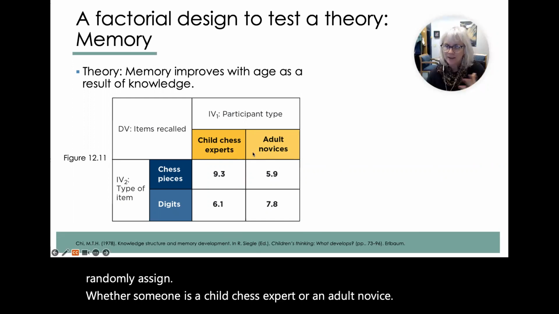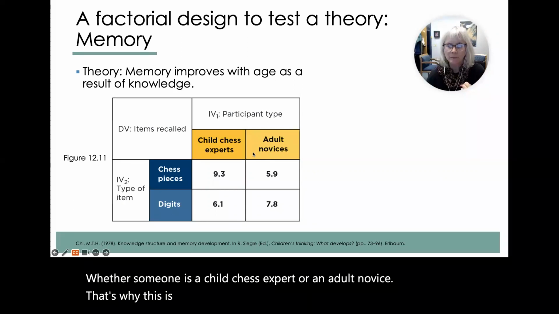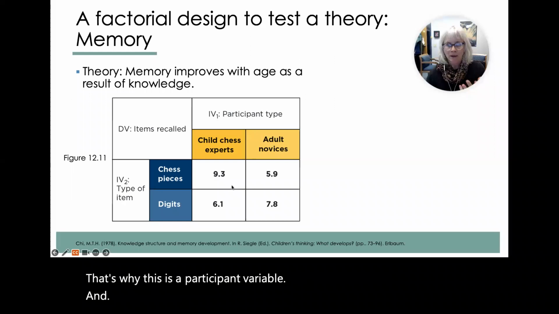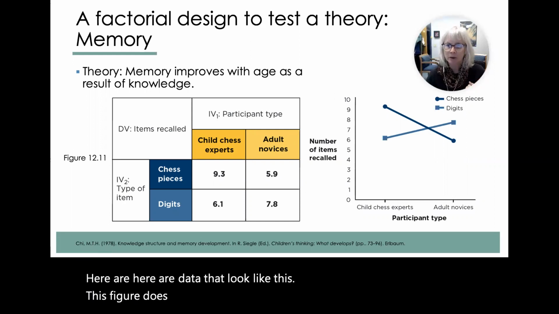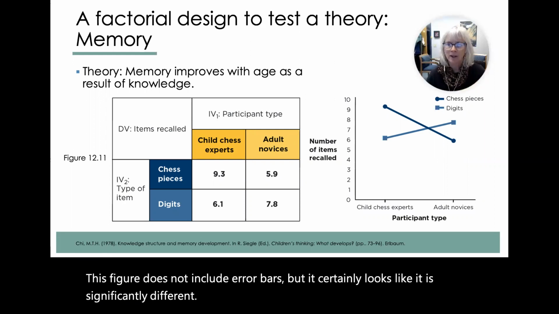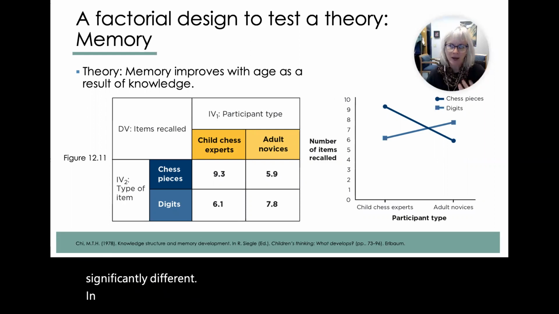That's why this is a participant variable. And here are our data that look like this. This figure actually does not include error bars, but it certainly looks like the interaction is significant.